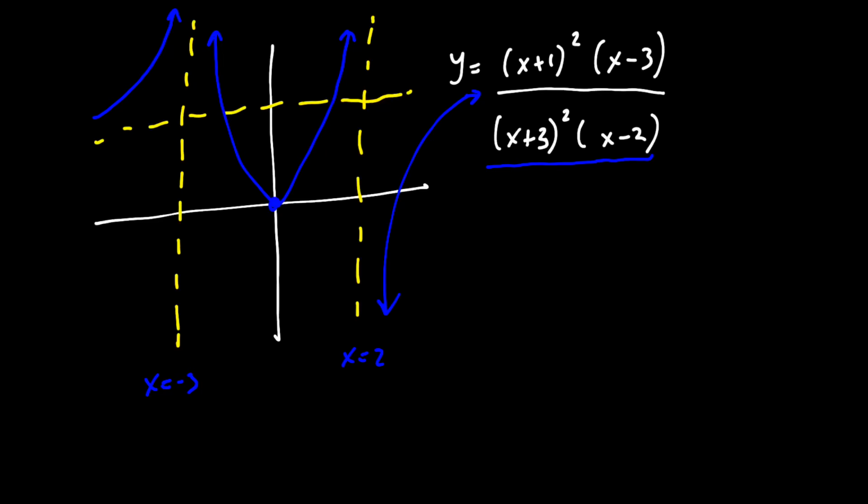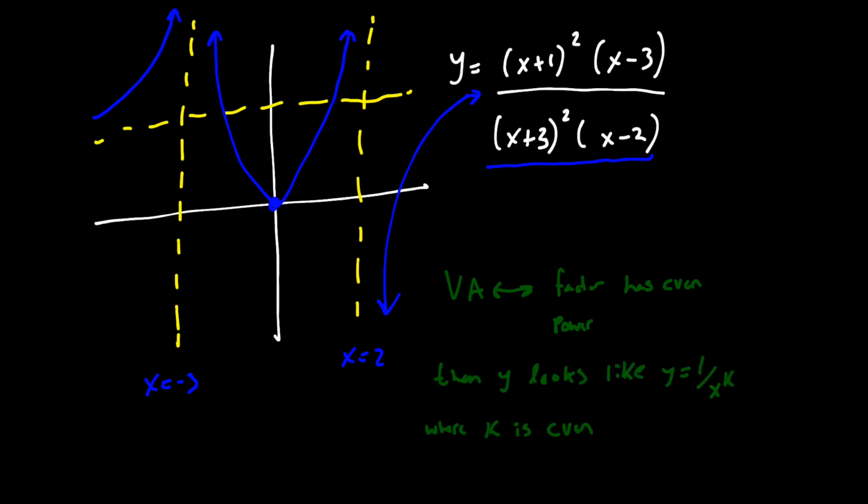If we have a vertical asymptote whose corresponding factor has even multiplicity, then the graph is going to look like y is equal to 1 divided by x raised to the k, where k is an even number, near our vertical asymptote. In this picture here, we have x plus 3 corresponding to the vertical asymptote, and we see that near our vertical asymptote, our graph looks like the graph of 1 divided by x raised to the k, where k is even.